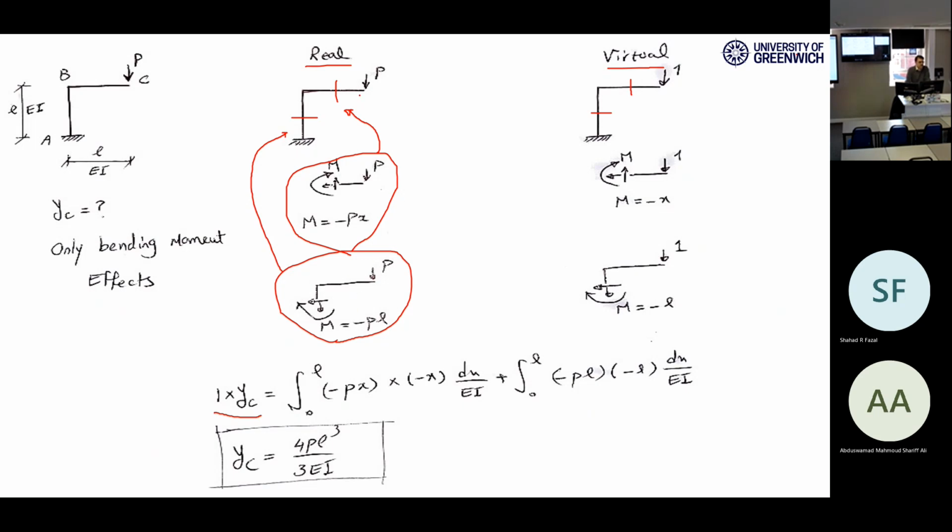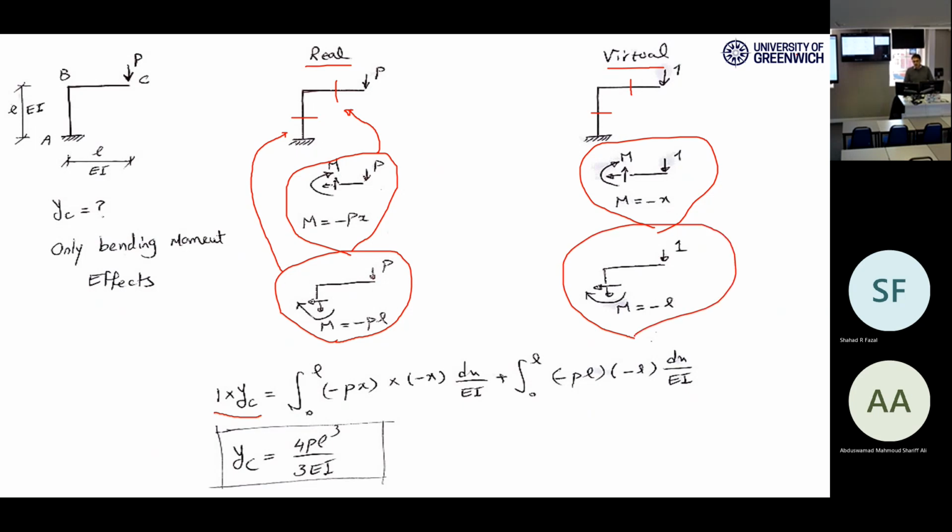For this one, you don't need to calculate the support reaction because it's kind of a cantilever. You can make sections from the right-hand side. But if you want to calculate the support reaction, it's fine. Just do it and use the left part of your structure. That's also fine.